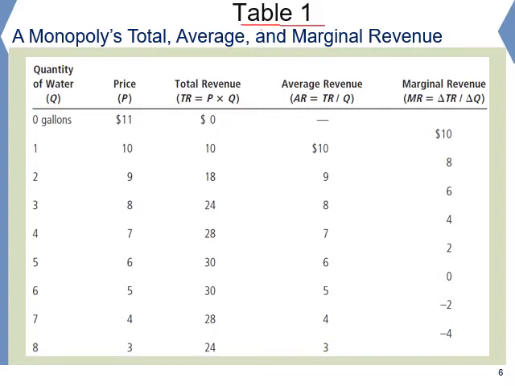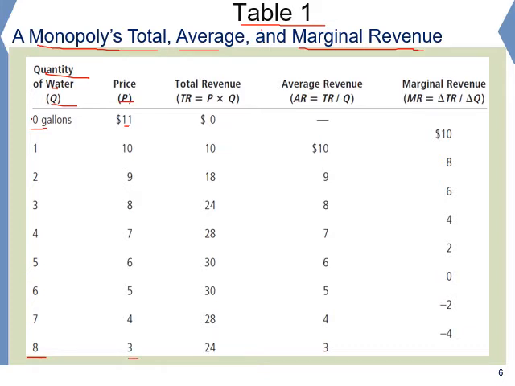Table 1 summarizes the monopoly's total, average, and marginal revenue. The first column, the quantity of water produced, Q, goes from 0 to 8. The second column, the price that the monopoly charges, goes from 11 to 3.